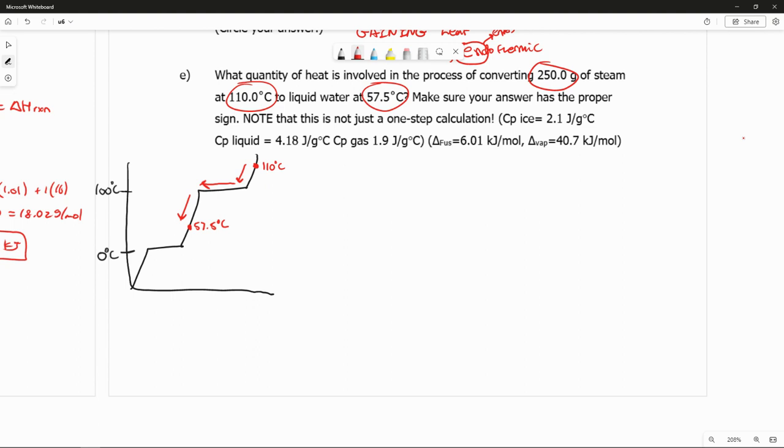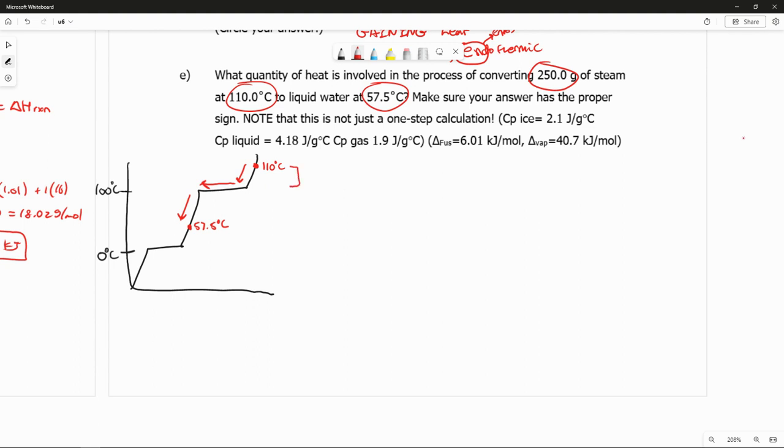And if we're losing heat this way, we have to calculate each of the specific delta T's, and all of them will be negative because our overall change in heat is going to be a loss. A loss means that heat is exiting, which means it's exothermic, so your answers are all going to be negative.